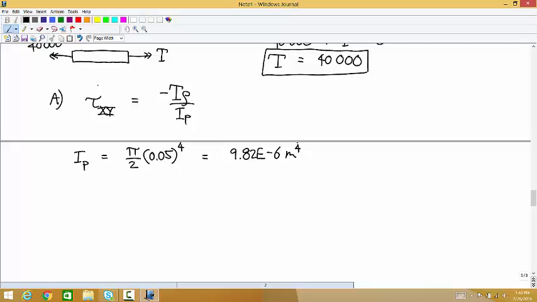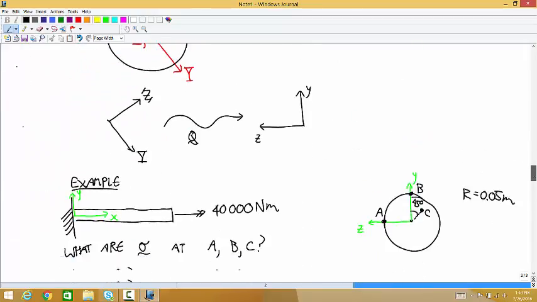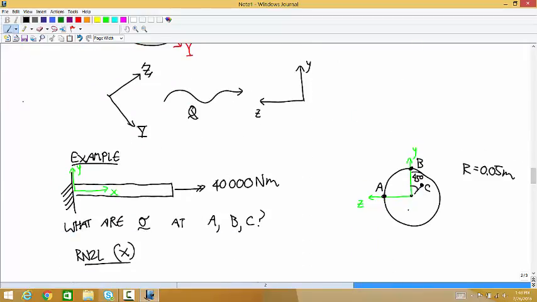And if we're looking at the point A, what's the rho vector? Rho is the distance from the centroid to the point that we care about. It's 0.05, because anytime you're on the surface, rho is just equal to the radius of the shape.